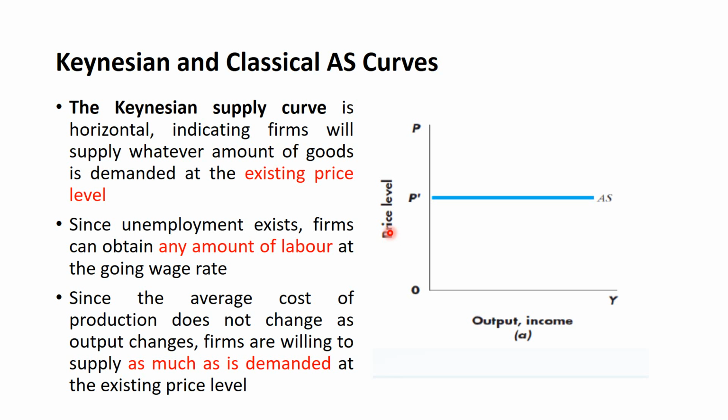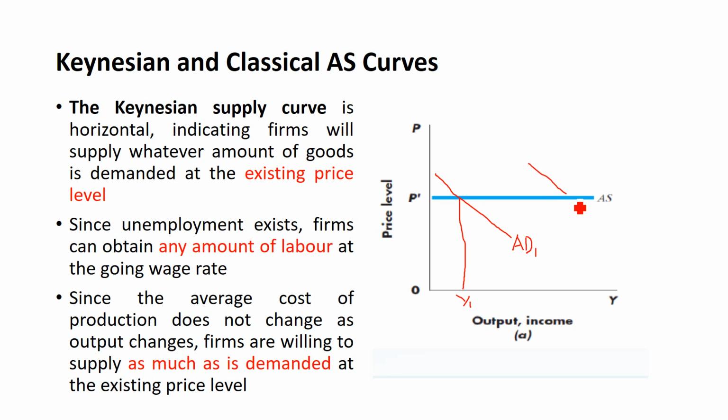What the Keynesian aggregate supply curve suggests is that firms are able to supply whatever amount of goods and services are demanded at the existing price level. In other words, the aggregate supply curve is horizontal. So, for instance, and let me just very crudely draw this in, if the demand for goods and services is low, firms will supply a low quantity.